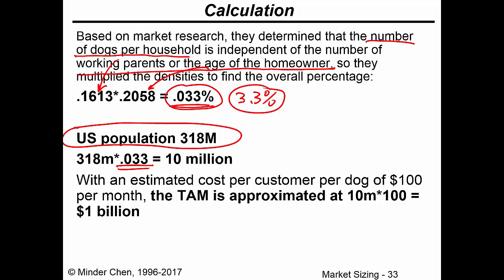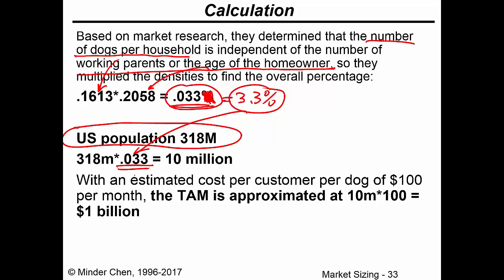Okay, there's no percentage sign. Which is equal to 3.3%. So if you use this percentage and multiply by the US population, the potential target customers, in terms of the number of customers, is about 10 million.